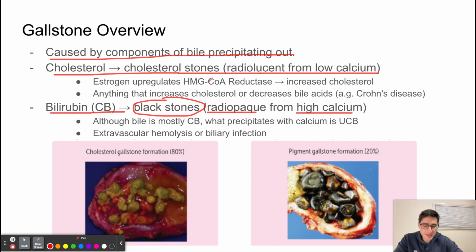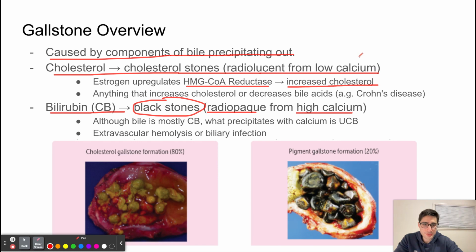Now, our patient in the question was a female, and females are going to be at a higher risk of developing cholesterol stones because estrogen is going to upregulate HMG-CoA reductase, which is going to be the rate-limiting enzyme in cholesterol synthesis. So they're going to have an increase in cholesterol levels in the body as a result.